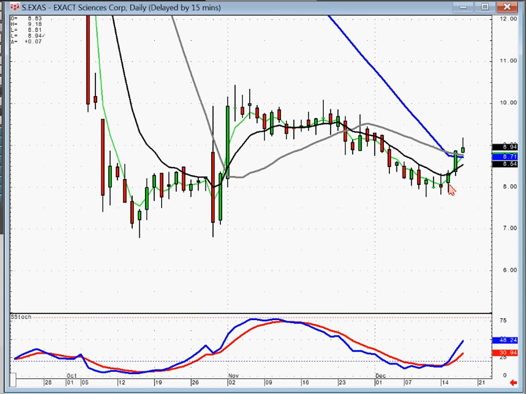This has a bunch of dojis, closed at the T-line, closed above the T-line in the 50, traded positive today. We're in an uptrend. And what would I be doing with this one? If it opened lower and trading lower, I'd probably close it out. But I'd be ready to buy it back if it showed it was supporting on the T-line and coming back up. If it opens positive tomorrow, what did that tell us about today's trading?